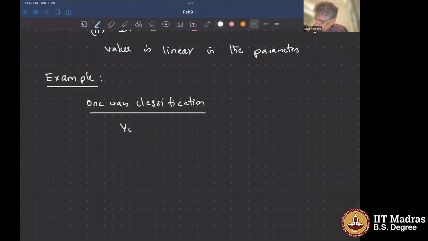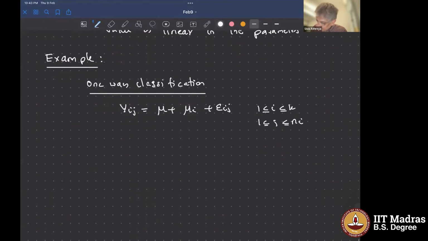Like so, y_ij was equal to mu plus mu_i plus epsilon_ij. Here we had 1 less than or equal to i less than or equal to k populations, and j was n samples, where each of them was n_i. This is a one-way classification.